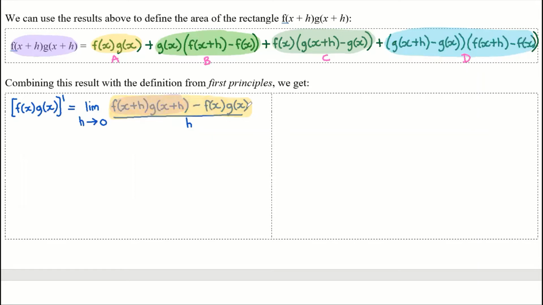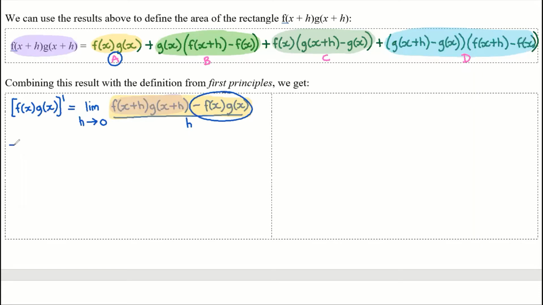If we do that, then we're just removing the area of A, and we'll be left with that residual area which was created by the increase of the input from x to x plus h. So I'm going to write out the box at the top minus f of x, g of x. The area of A here will be gone because we are subtracting f of x, g of x.